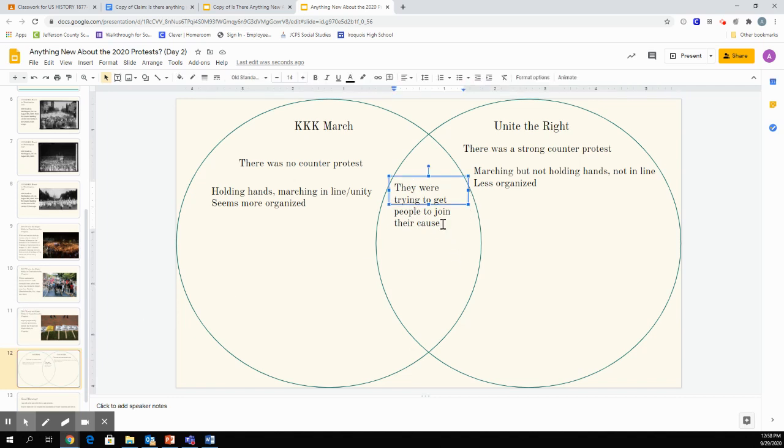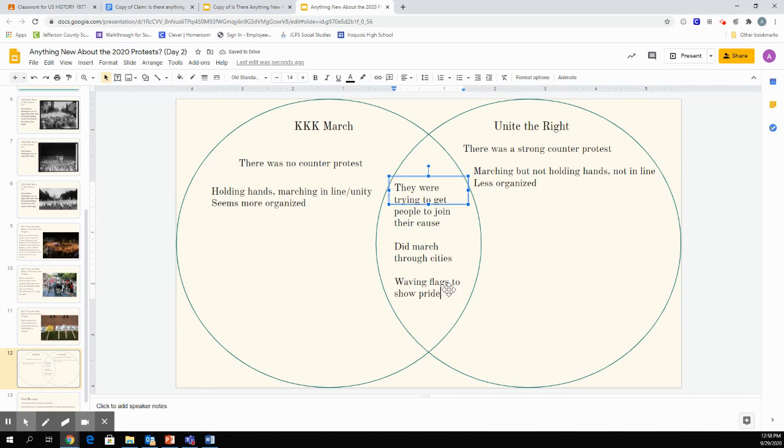Another similarity can just be they did march through cities. That's a similarity. That people were waving flags to show their pride. So those are some similarities.